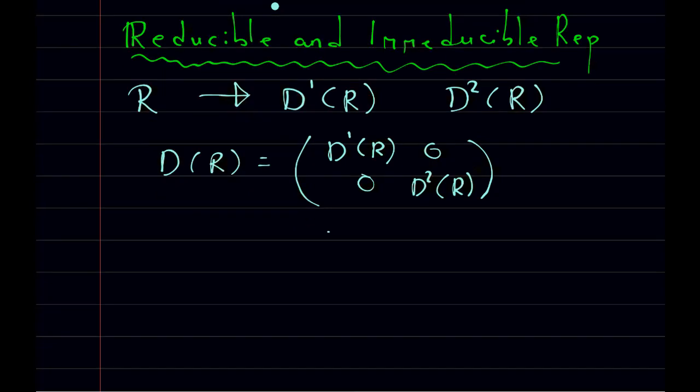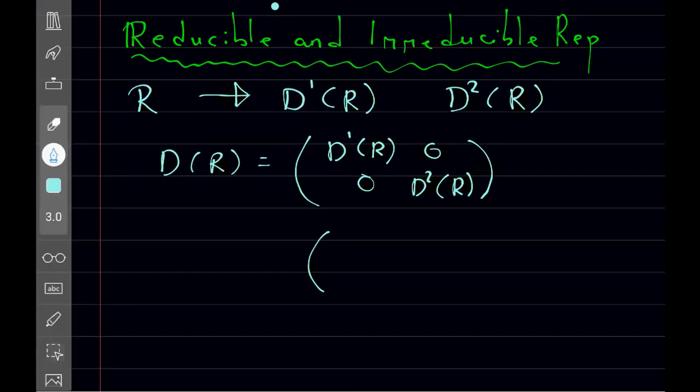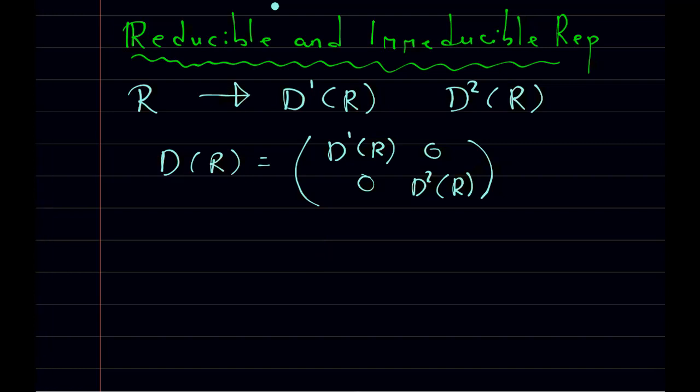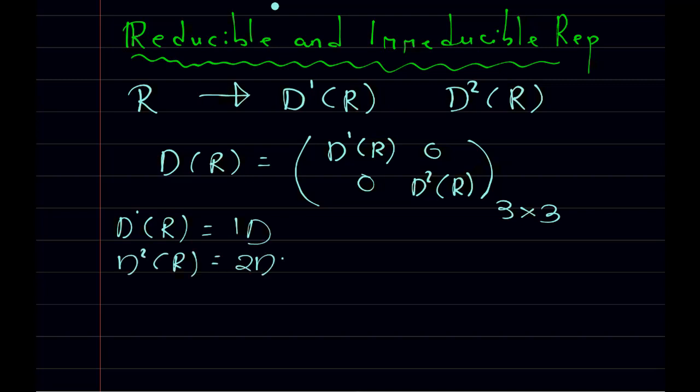Because the first one, D1(R), is one-dimensional, so it will have only one element, and D2(R) turns out to be a 2 cross 2 matrix, so overall it will become a 3 cross 3 matrix. So D1(R) is 1D and D2(R) is 2D, and by 2D these are nothing but matrices.